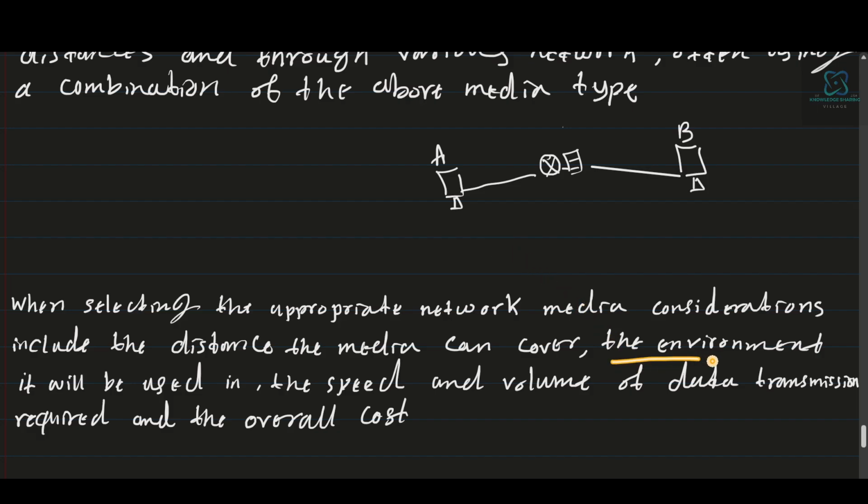So the environment it will be used in, the speed and the amount of data transmission required, and also the cost. These are the four factors. First of all, the distance, the environment, the speed and volume of traffic that will use that media, and the cost. This will affect which kind of network media will be set up when designing a network.